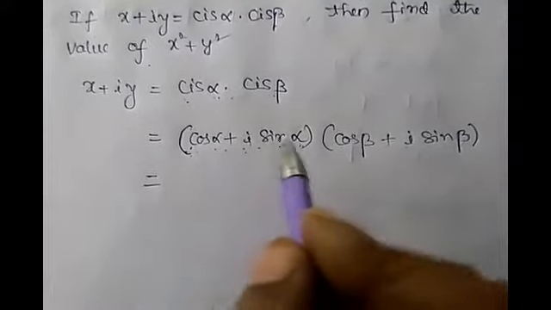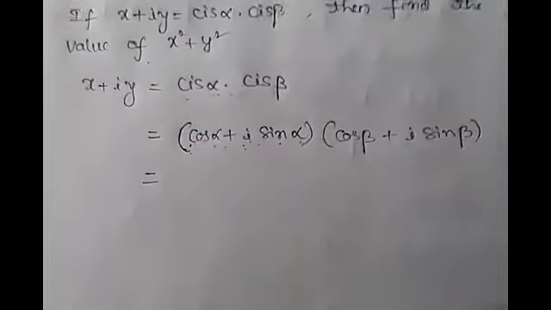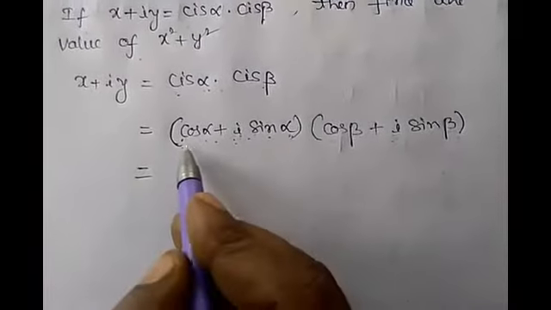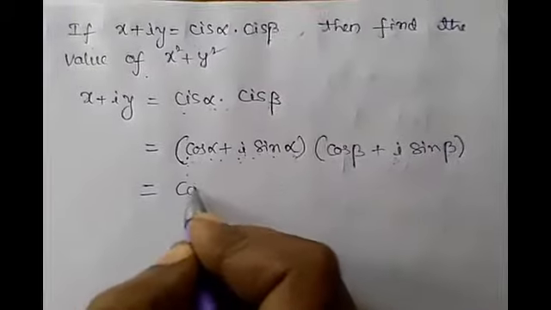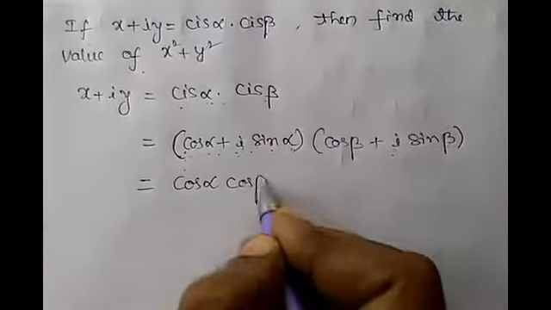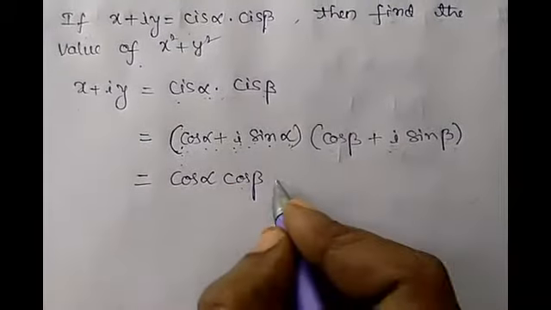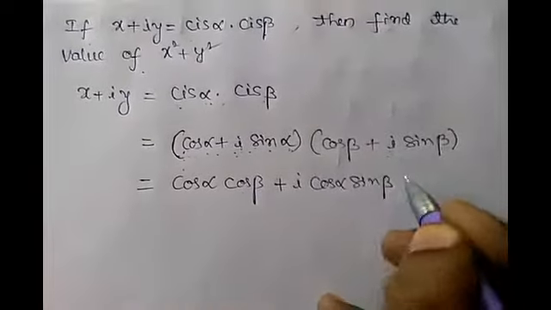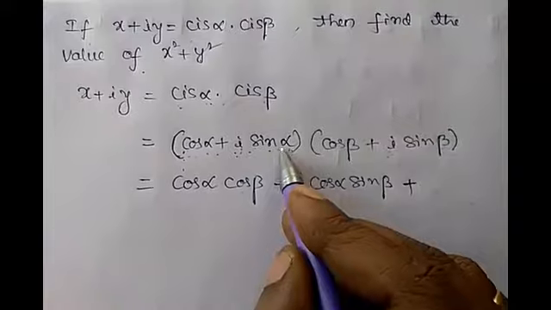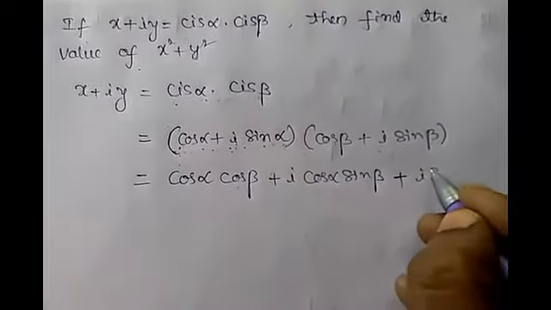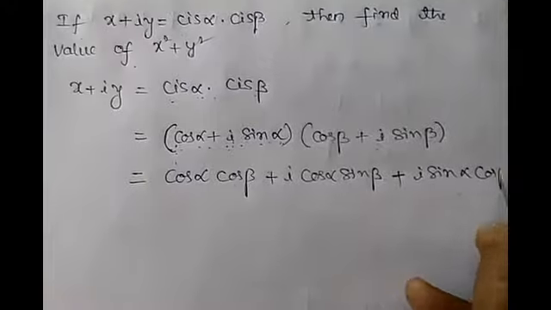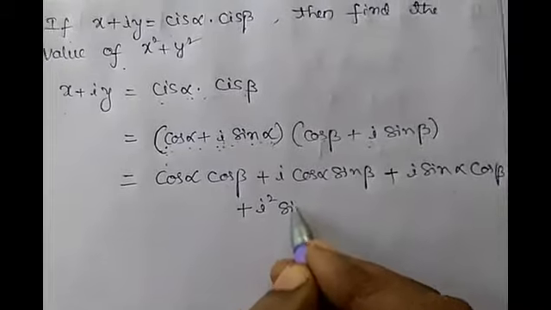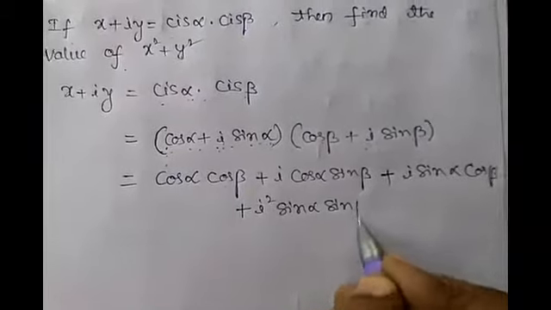Cos alpha plus i sin alpha into cos beta plus i sin beta. By multiplying these two complex numbers, you get cos alpha into cos beta gives cos alpha cos beta. Similarly, cos alpha into i sin beta means plus i cos alpha sin beta, plus, again, i sin alpha can be multiplied with cos beta, i sin alpha cos beta. i sin alpha into i sin beta gives plus i square sin alpha sin beta.